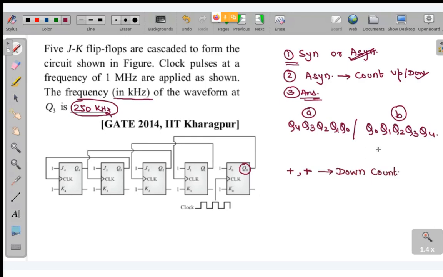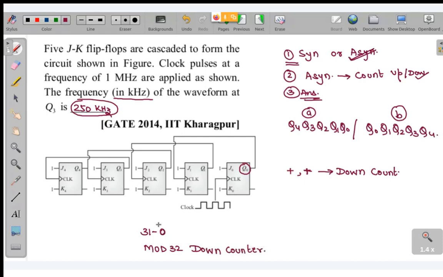And you can see that we have 1, 2, 3, 4, 5 flip flops, so it will be counting from 31 to 0. So this is a mod 32 down counter.